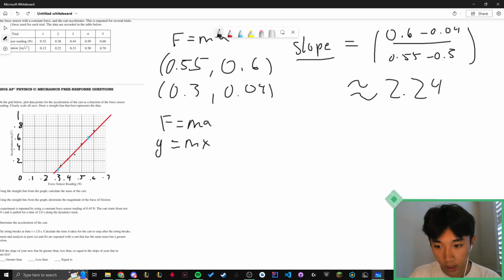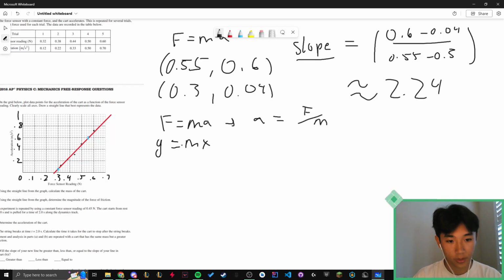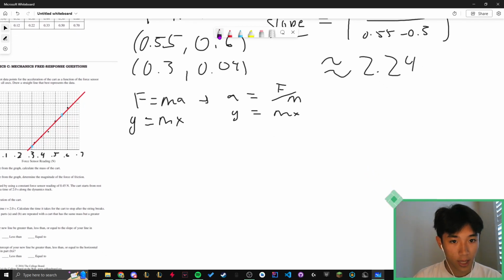Well, this graph represents this equation rewritten: a is equal to force divided by m. That way, it looks more like this. And this matches because the force is on the x-axis and the a is on the y-axis, which means the slope is going to be equal to 1 over m.